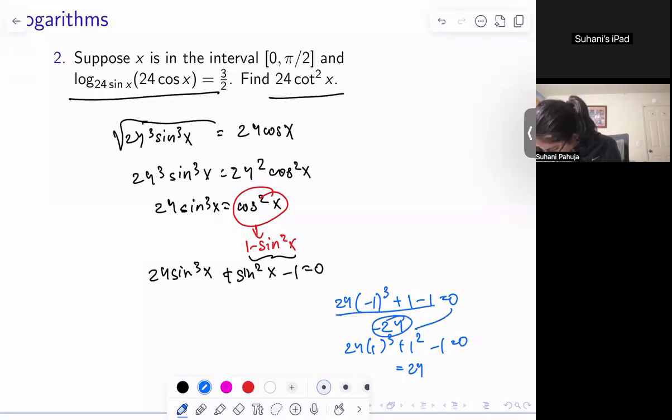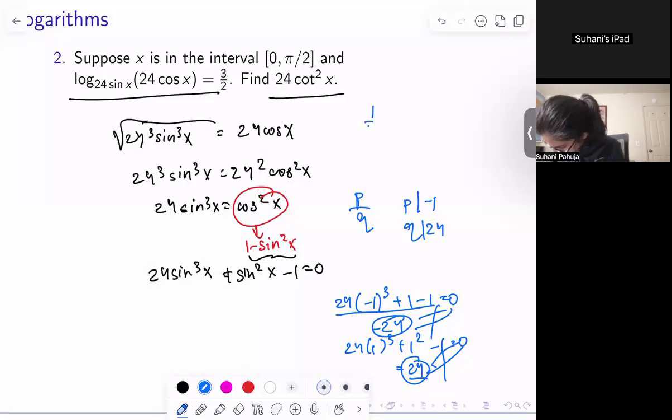Both of these are not equal to 0, so 1 and -1 are not roots. And then we can try 1/3 and -1/3. Again, all the possible rational roots are of the form p over q, where p is a divisor of -1 and q is a divisor of 24.